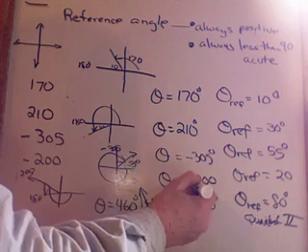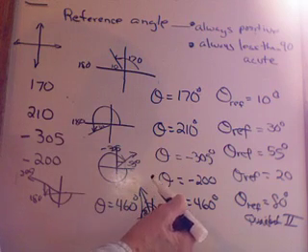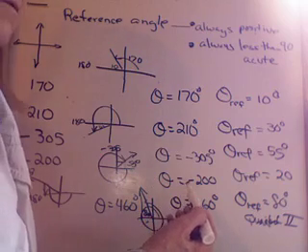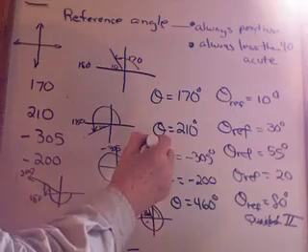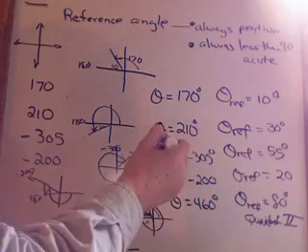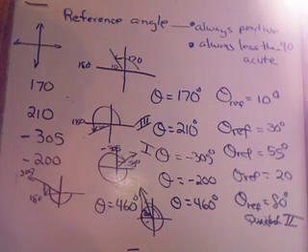What about the negative 200? That was in quadrant 2. What about the negative 305? Remember where that was? That ended up in quadrant 1, right? 210, quadrant 3, right? So, I think you can do these now. Good luck.